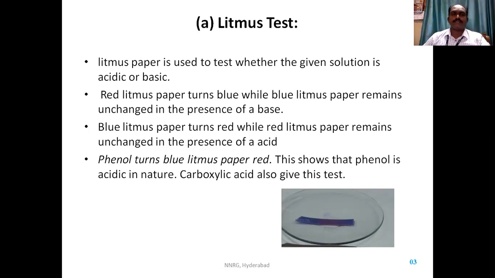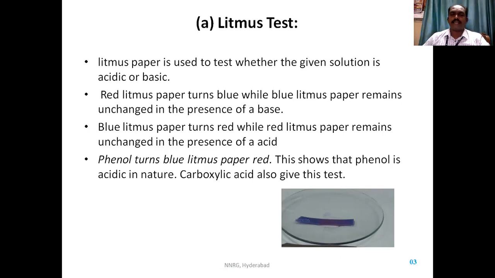So the point here is, a base will turn red litmus paper blue, and an acid will turn blue litmus paper red. If an unknown compound turns blue litmus paper red, it may be considered an acid. When you drop phenol on blue litmus paper, it turns red.